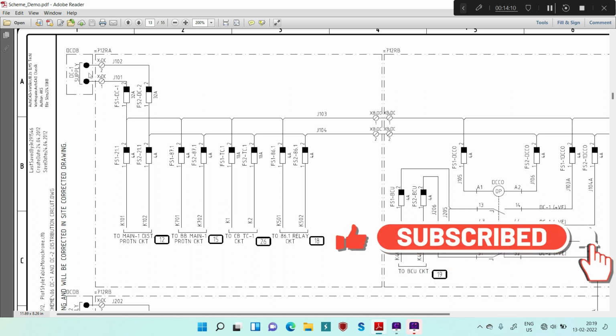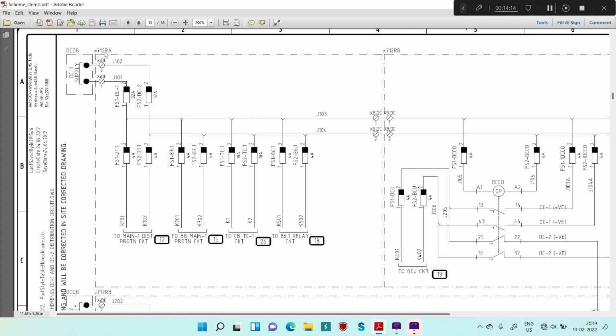But before that, if you see this DC supply 1, it is coming from the DC DB directly to your relay panel, that is panel number 712RA. The ferrules used for your DC supply are basically J and K. The J ferrule is basically used for the main DC supply, or main DC source, which comes directly from your DC DB to the relay panel.